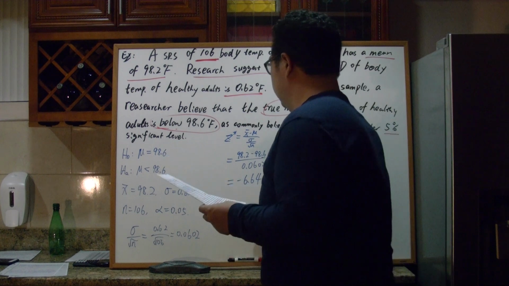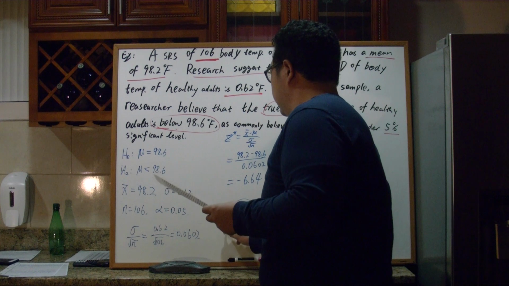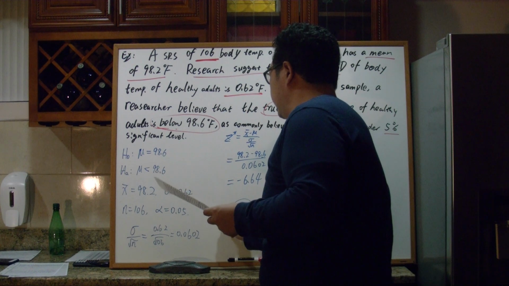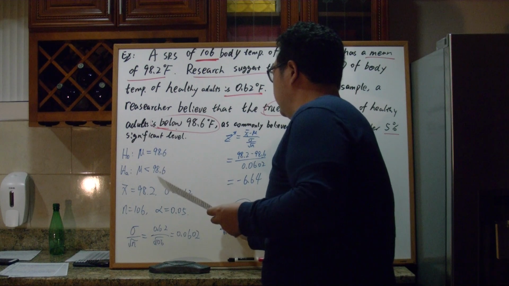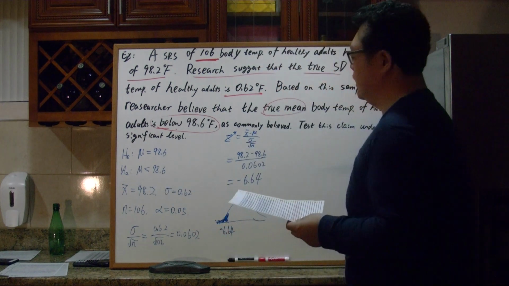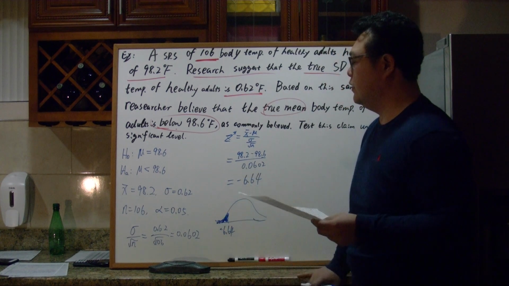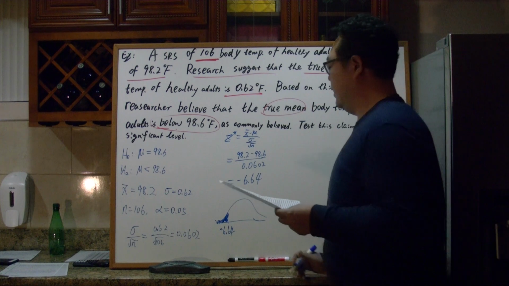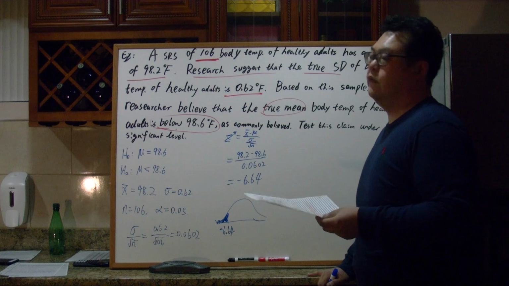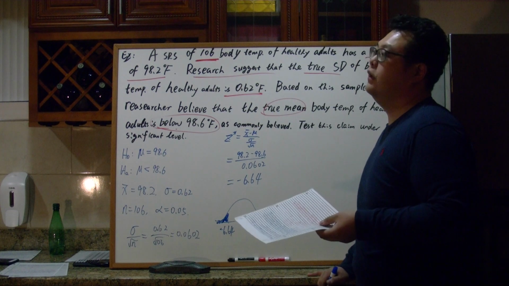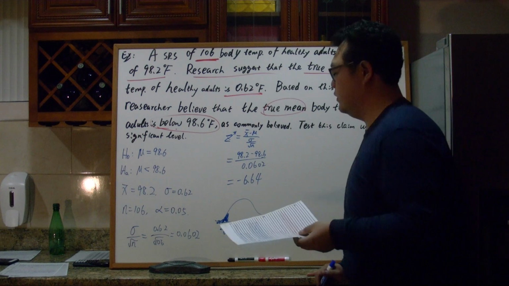From that negative 6.64, we do the left tail test and find the p-value. From the normal distribution, we already know what to do. The p-value is the left tail, so we go to the table. From the table, for negative 3.5 or lower, we use the value of 0.0001.